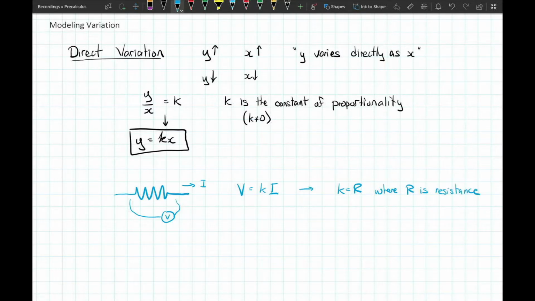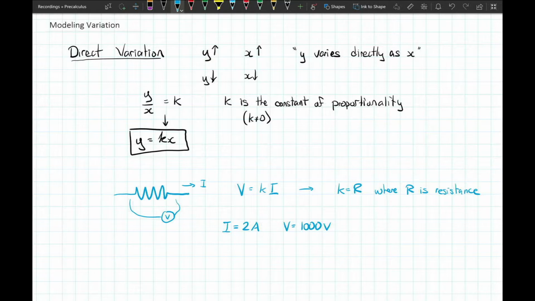Now, how would we use this formula? Now that we've set up some sort of model, maybe we would understand that if we just plug in a value for current and find out what the voltage is, we can actually come up with a value for the constant of proportionality. So let's suppose when the current going through this is 2 amps, that we find that the voltage is 1000 volts.